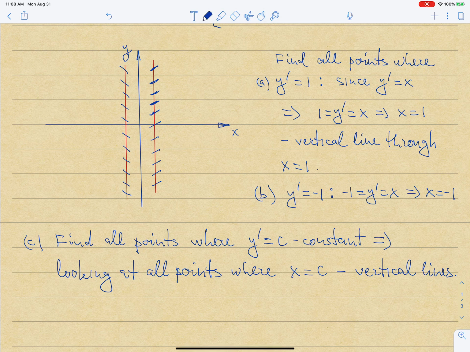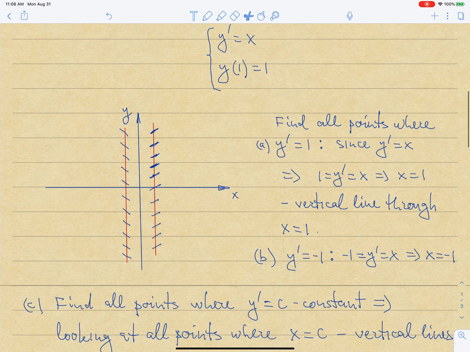So the y-axis corresponds to x equal to 0, and when x is equal to 0, the slope of a tangent line is 0, so the direction field on the y-axis will be horizontal. Everywhere, if a solution curve crosses the y-axis, it must be horizontal. And let's do a couple more of these.